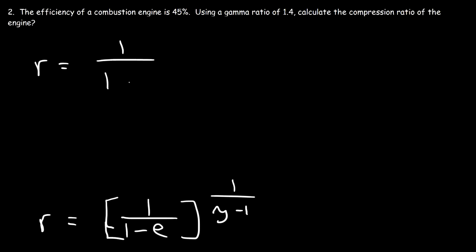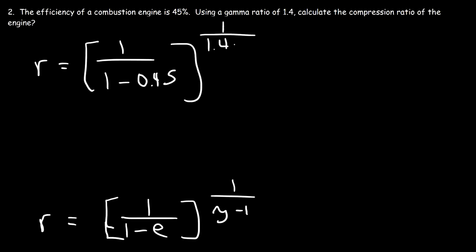So the efficiency is 45%, which is the same as 0.45. And then we're going to raise it to 1 over 1.4 minus 1. So 1 minus 0.45 is 0.55.